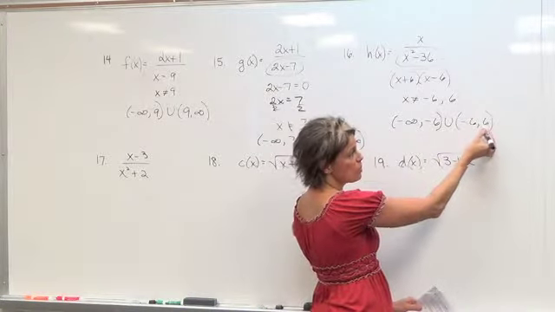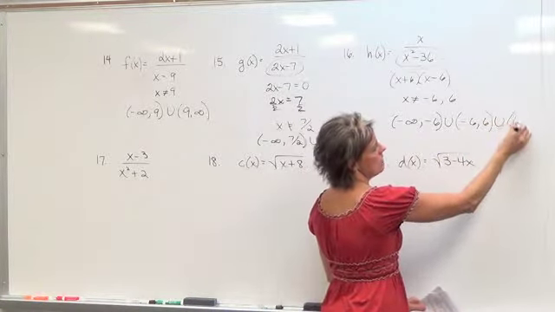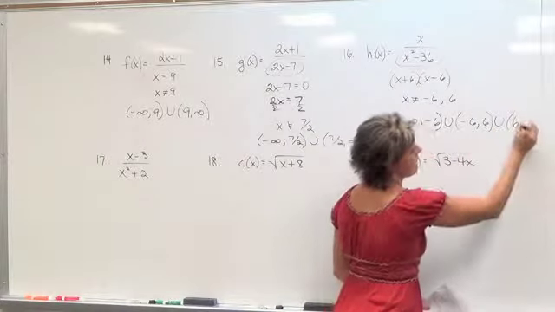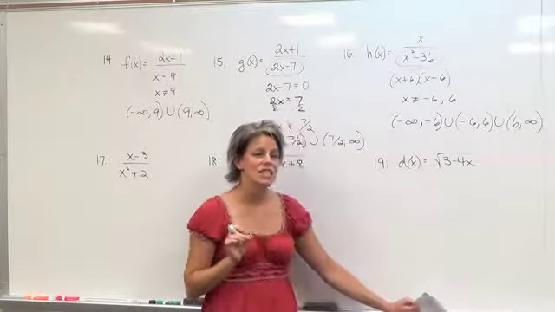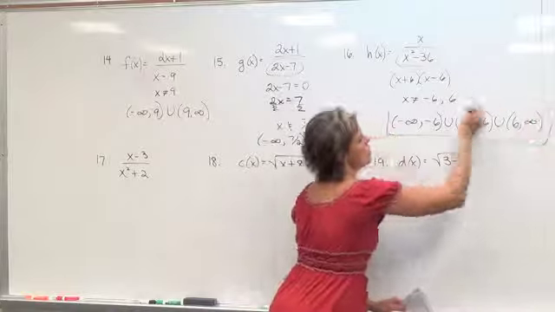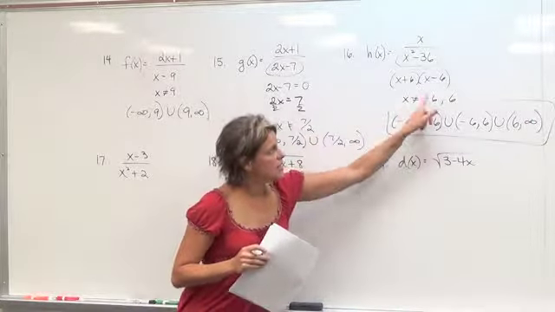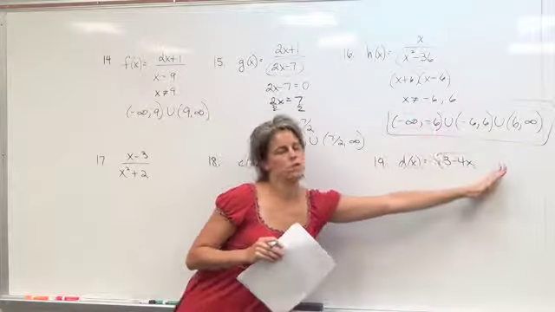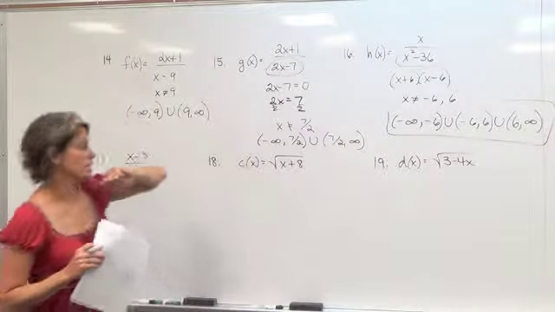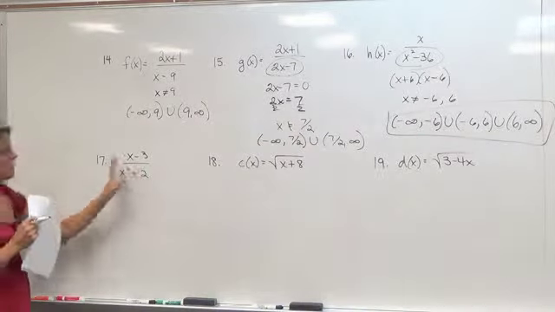Then I've got another problem, union, and then life is good again once I get past 6. So it's going to look just like that. So your domain is ugly, okay? But it always makes you leave it in interval notation on your ALEKS program.